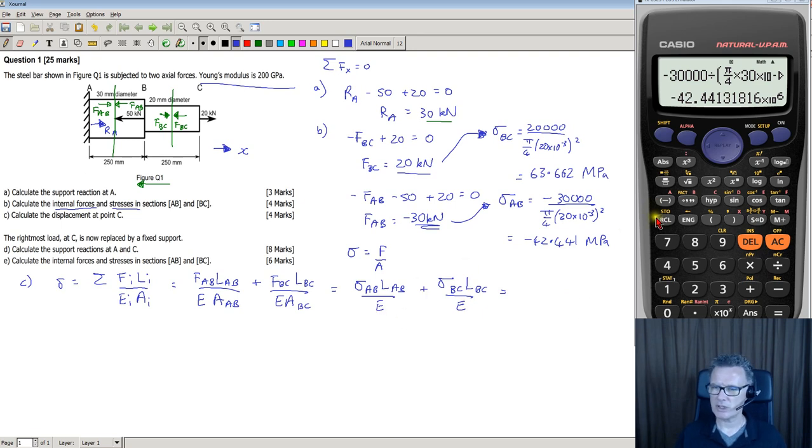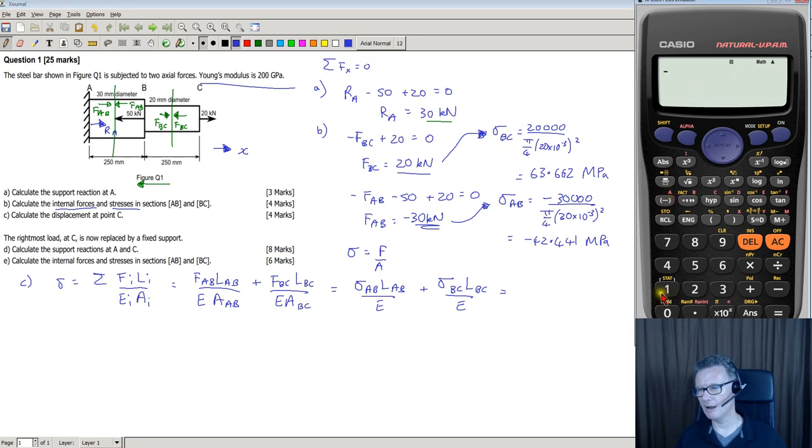So we take our stress AB, so that's this one here. Let's multiply that by its length, 250 millimeters, divided by 200 gigapascals.